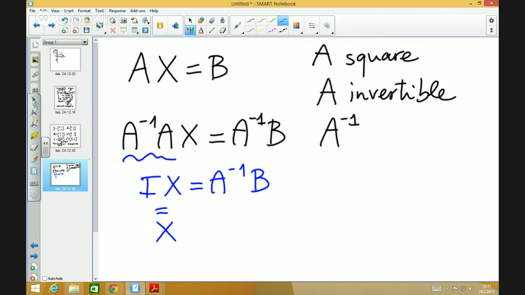So actually, the only X that solves this equation is the vector that you obtain by multiplying A minus 1 with the constant vector B. If you pick this X, you surely solve the equation. And moreover, that's the only X. There are no other X's if the matrix is invertible.